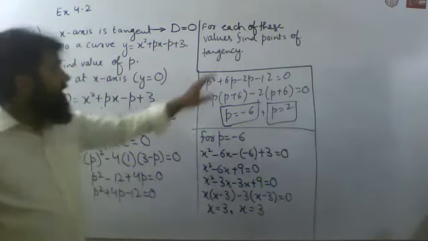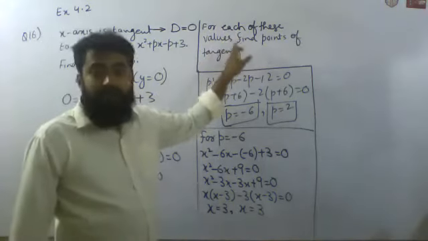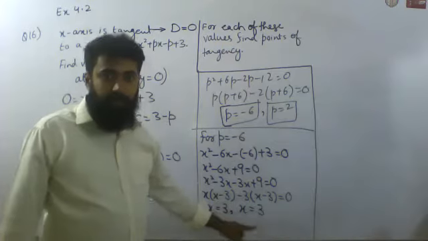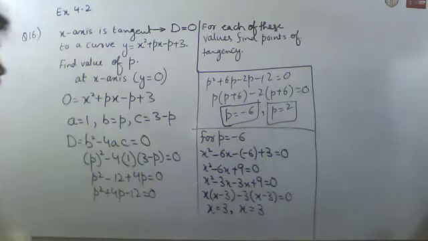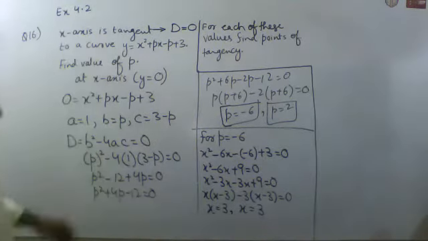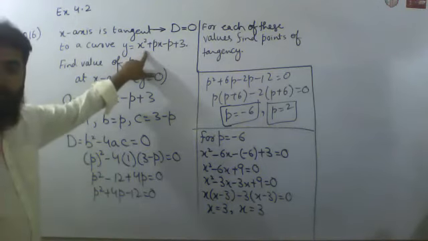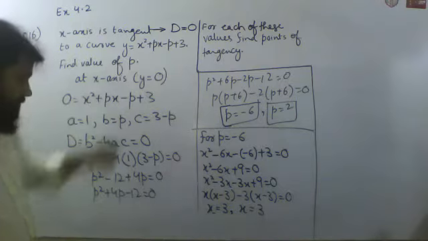They have asked for coordinates of points of tangency. So I have got my x value. What will I do? I will put these values of x in this equation to get my value of y.